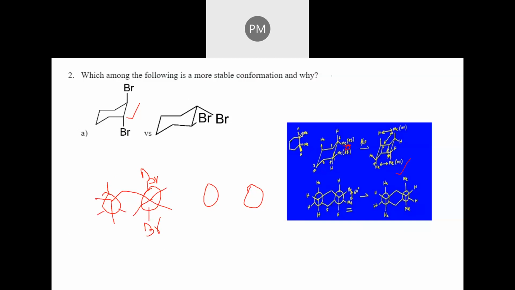So this conformation will be like that. These two Br groups are far apart, so this will be the more stable conformation.